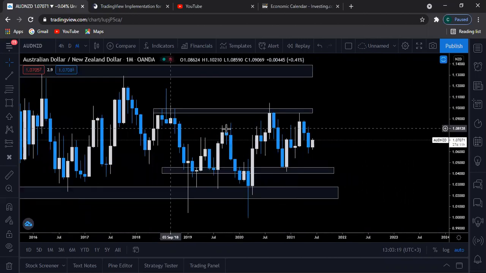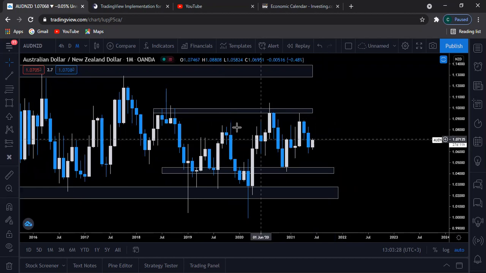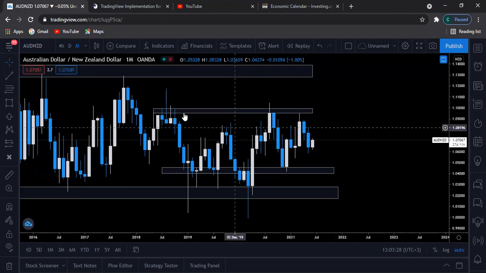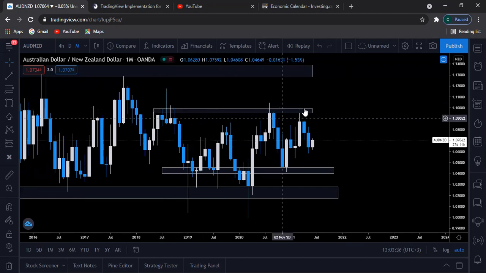That means prices are pushing lower, as you can see here. Then it created this higher high, but it didn't break above this high. So this market structure held this minor resistance area.